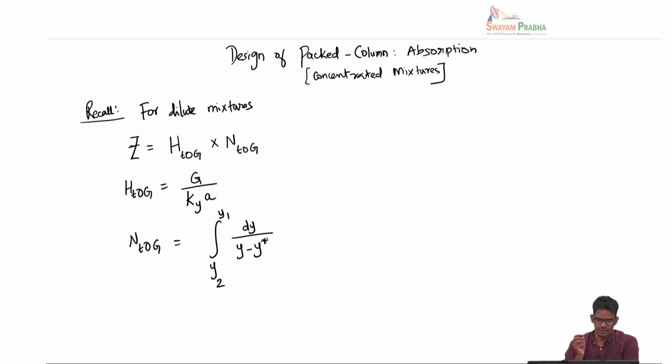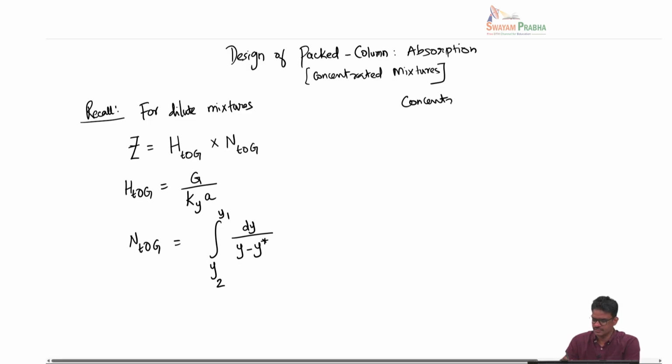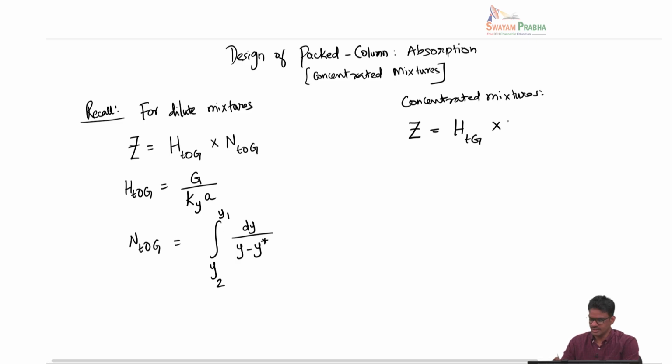Now, what I am going to show now is when we do this for concentrated mixtures, we will have results of this form, that the height of the packed column can be given in terms of HTG and NTG. Okay.